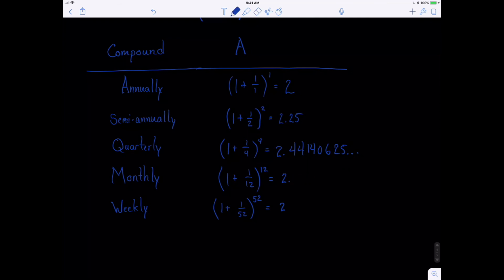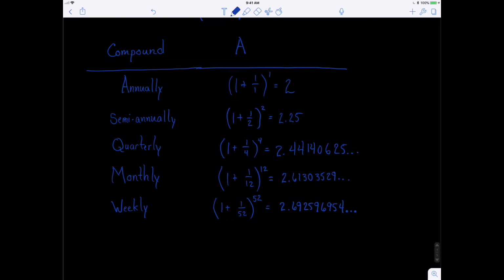I miswrote. The monthly value was 2.61361303529. And if you do it weekly, then you get 2.692596954. And this goes on and on and on.